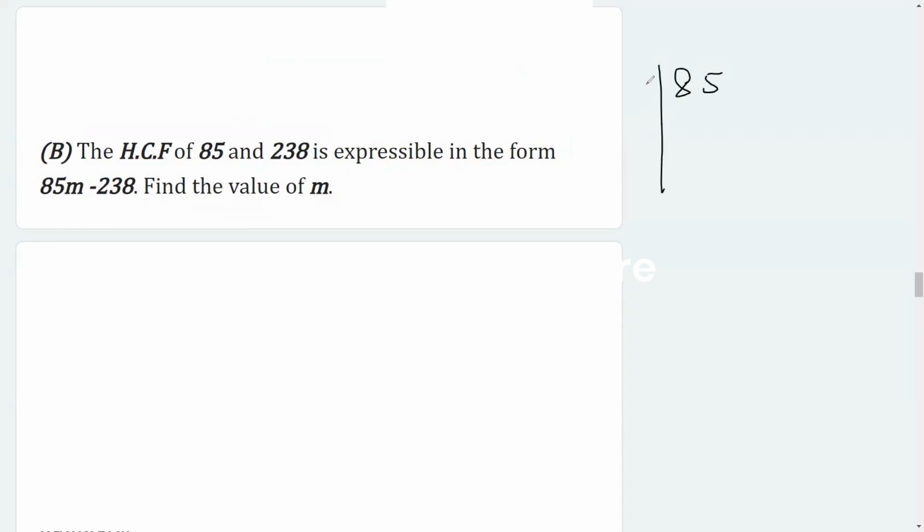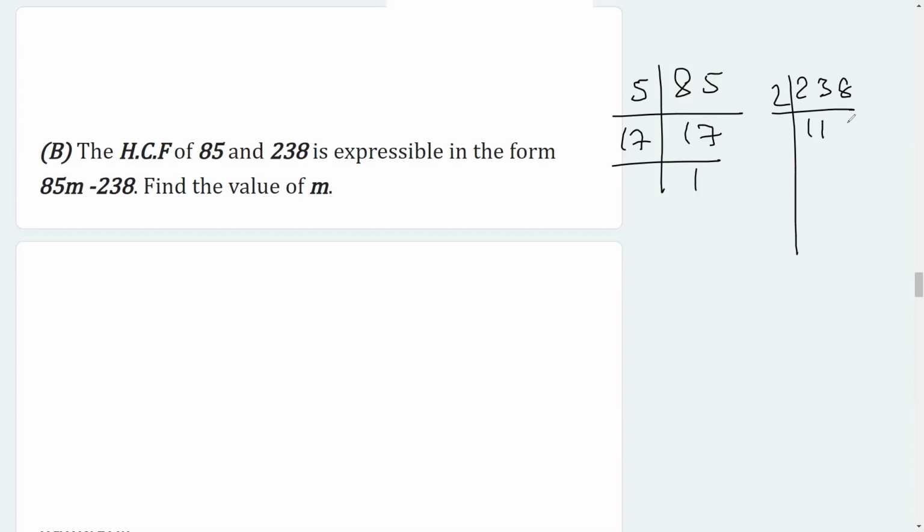We can write down the prime factorization of 85. 85 is divisible by 5, so it is 5 times 17, and 17 being prime, 1 time. Similarly, 238: as you know, it's divisible by 2, 1 time, and 119, which is divisible by 7, giving 17, 1 time.